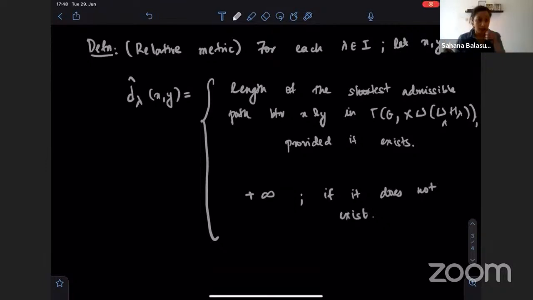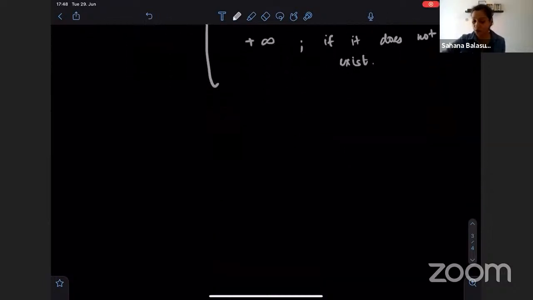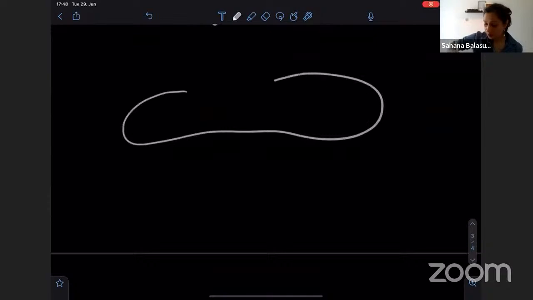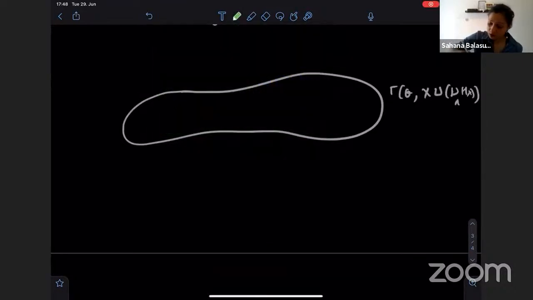Okay. And now to convince you that this is indeed a metric on your subgroup, let's quickly check that. So here's our ambient space. And here's my complete subgraph.